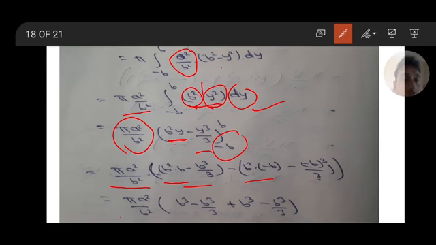So pi a square by b square into b square into b cube minus b cube by 3, minus of minus b cube plus b cube, minus b whole cube means minus b cube will come, minus this minus plus, and again another minus, so minus b cube by 3.